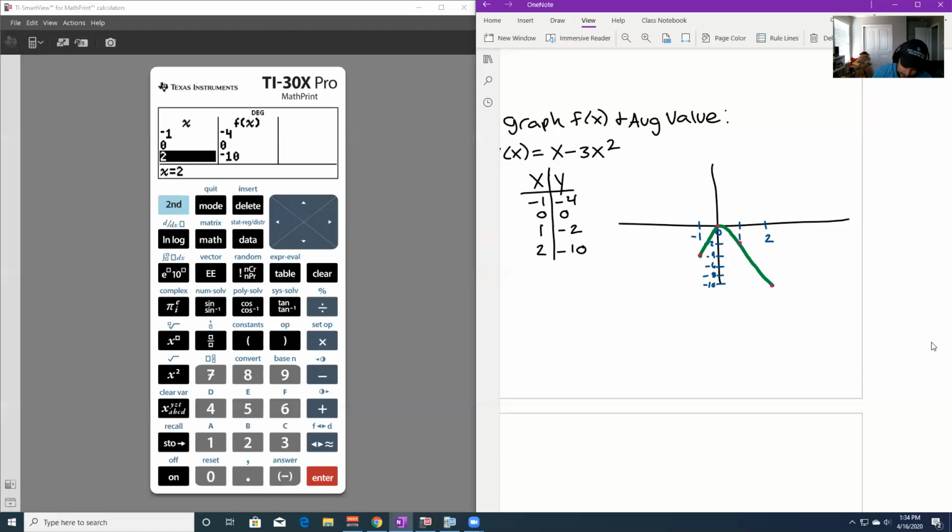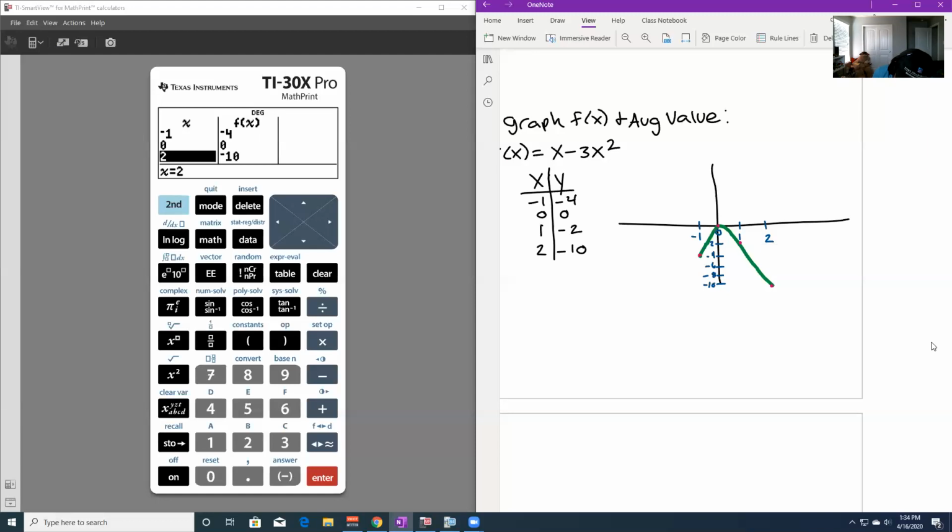And then my average value is what? Negative 2.5, right? It was negative 2.5. So we're just going to put negative 2.5 right here. But not that far.